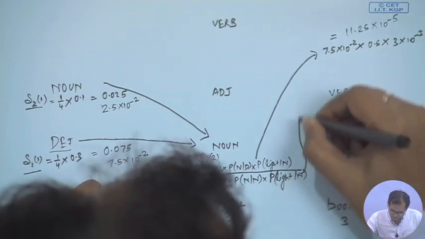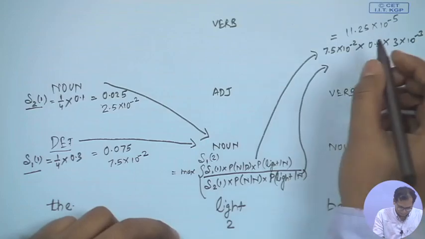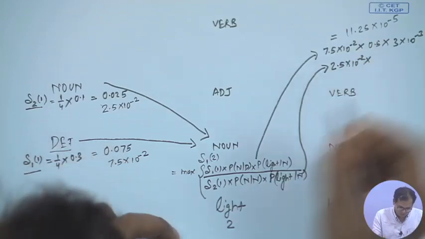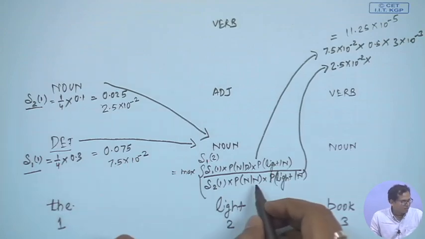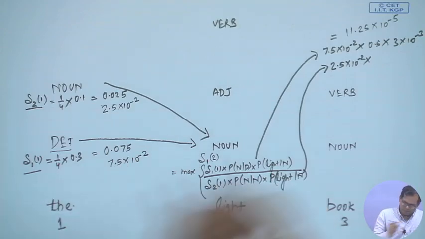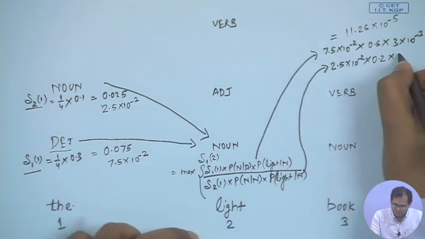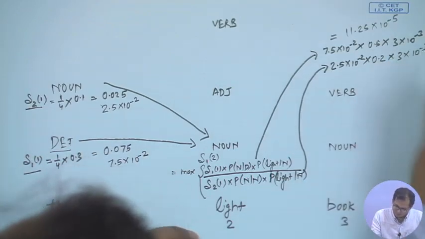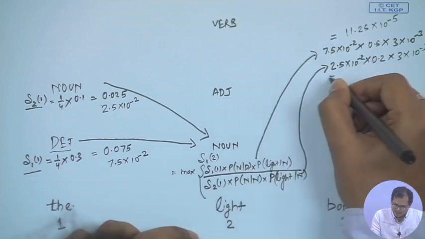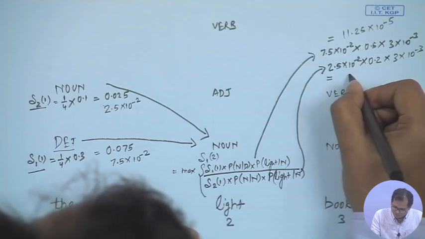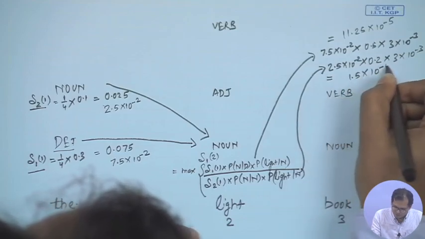And the second one becomes 2.5 into 10 to the minus 2, times probability of noun given noun, which is 0.2, times probability of "light" given noun, which is 3 into 10 to the minus 3. That is 1.5 into 10 to the minus 5.